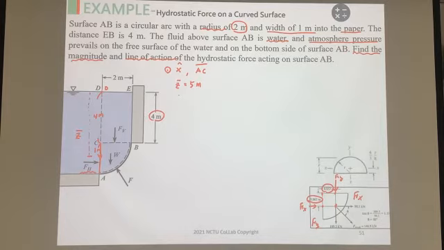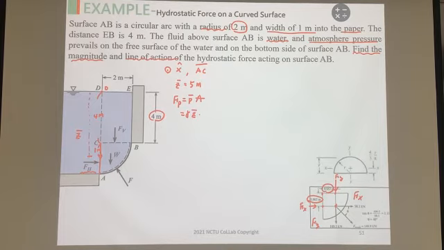Since we know Z bar, we can compute the pressure force. The pressure force is equal to P bar multiplied by the total area, and P bar is gamma Z bar.